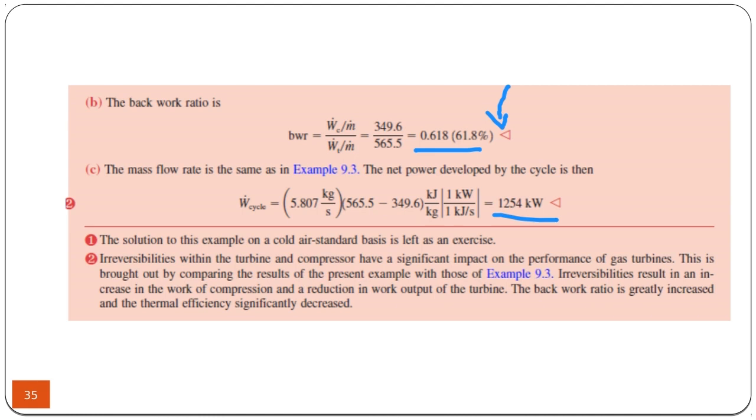So by introducing only 80% isentropic efficiencies, we have lost almost half of the power generated.